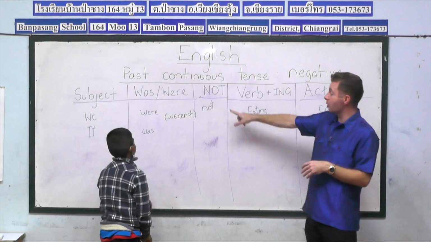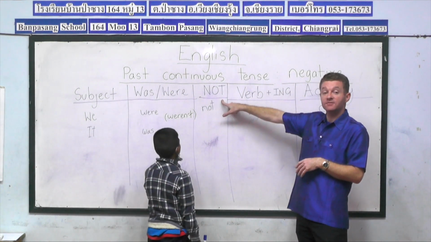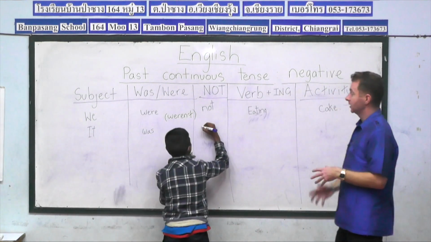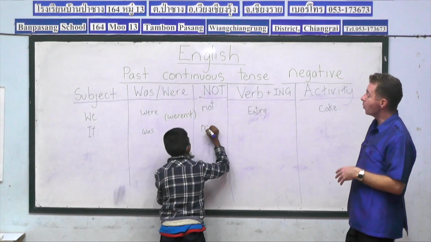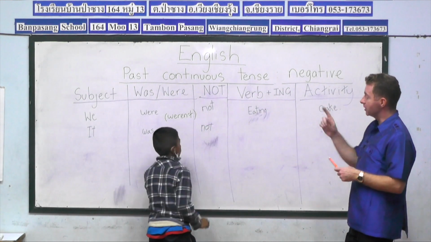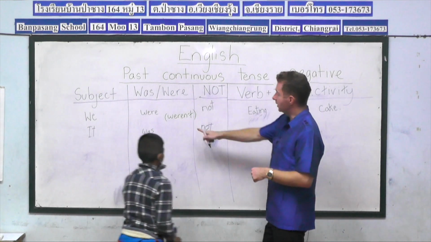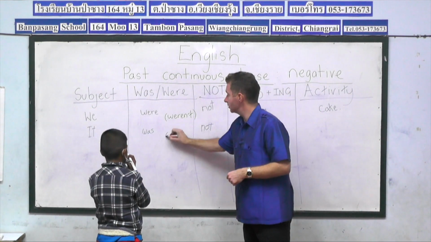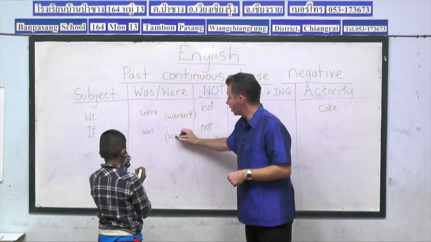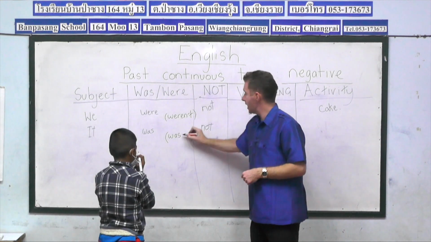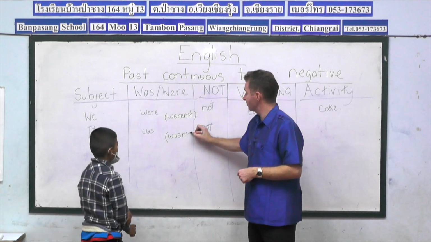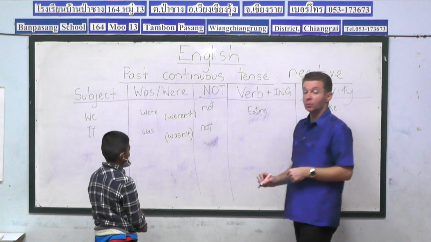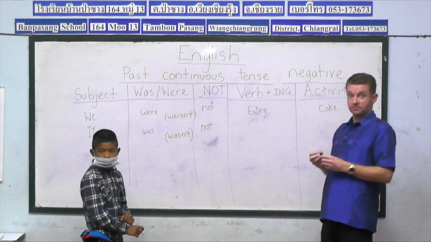And then the important word for the negative sentence, not. It was not. Brilliant, Pat. So now, if we want to use the contraction of was not, W-A-S-N, apostrophe, T. We could say it wasn't.